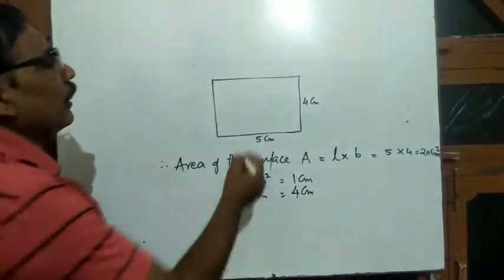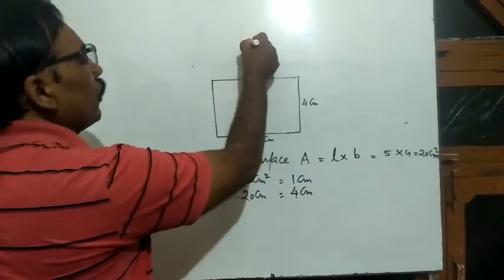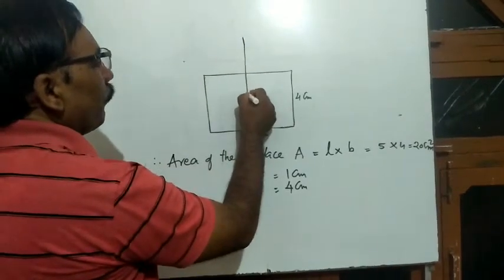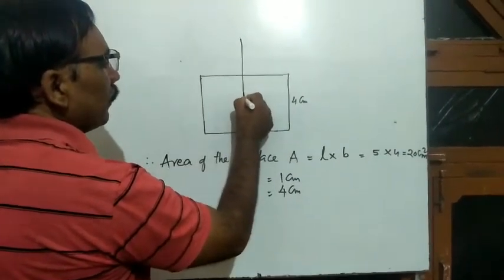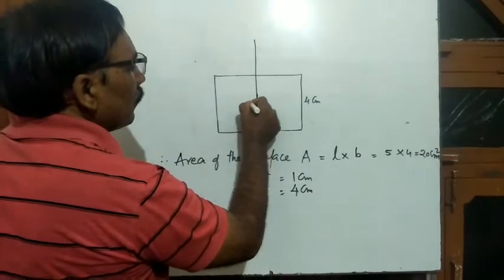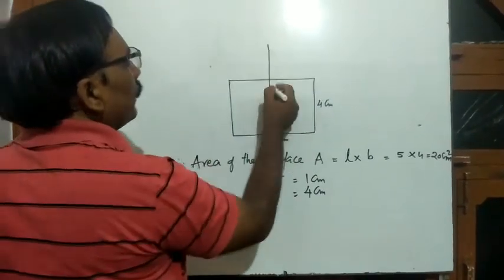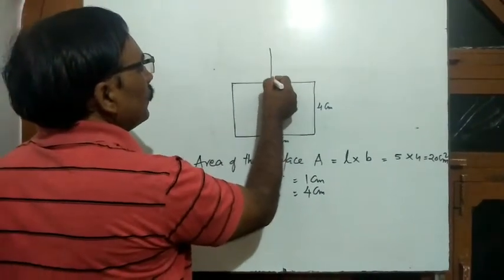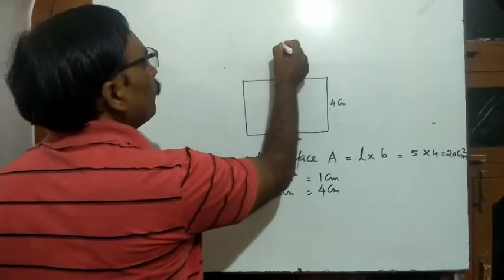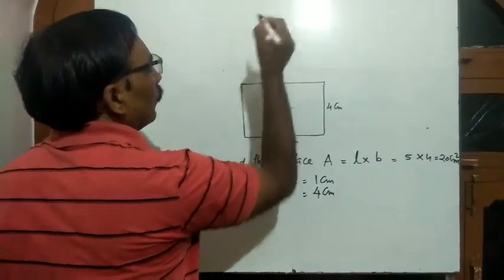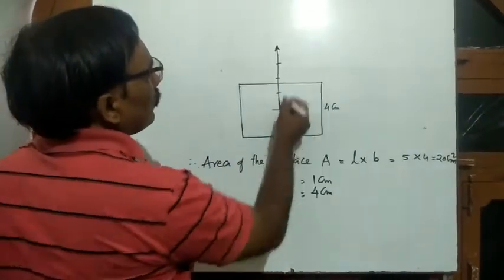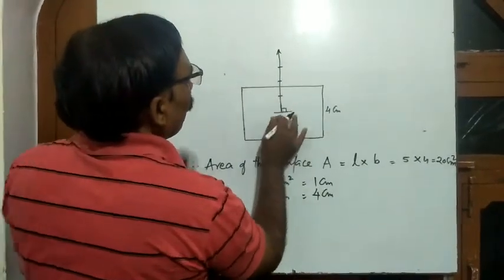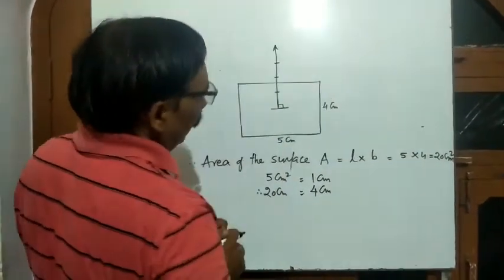We will draw a line segment which is perpendicular to this surface, at 90 degree to this surface, and its length should be 1, 2, 3 and 4. Clear? It is the magnitude of this area vector.